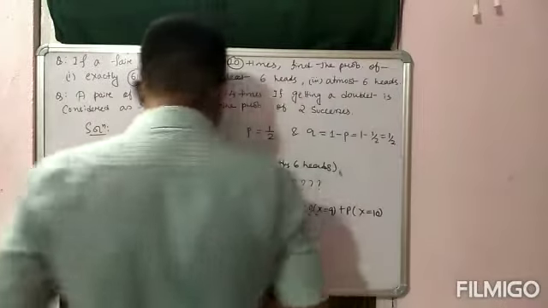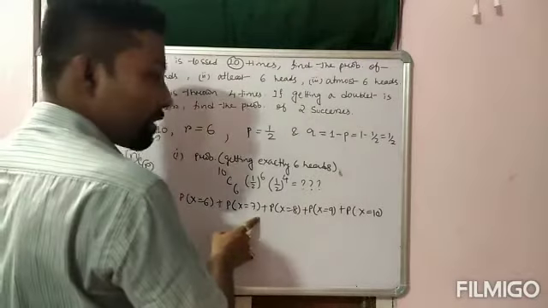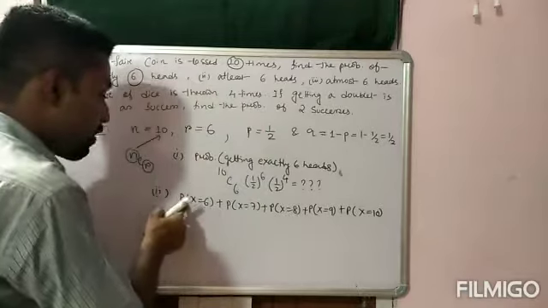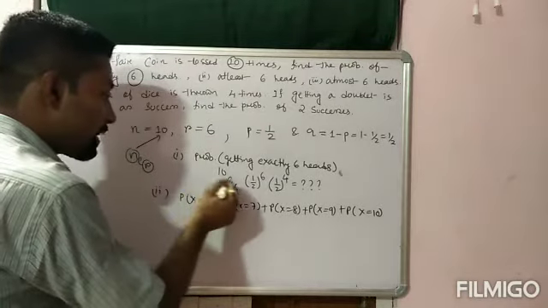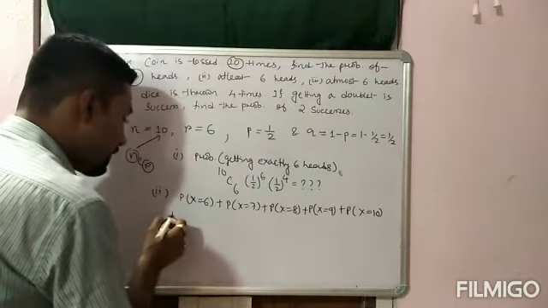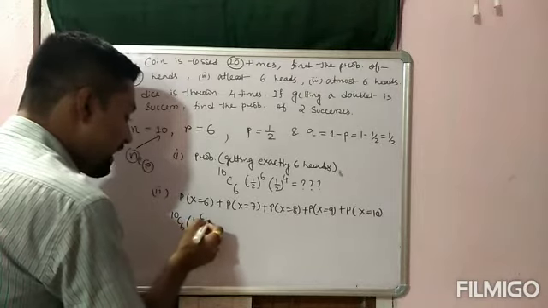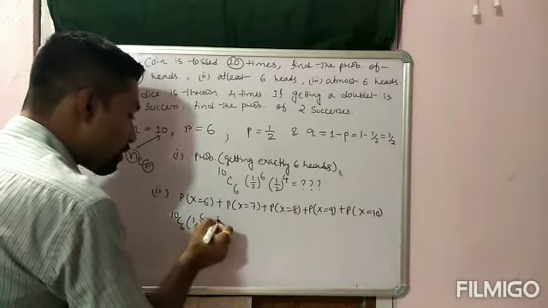And whatever I have written here, x equal to 6, x equal to 7, these are nothing but the values of r. Yes. So for P of x equal to 6, मतलब already तो यही निकाल दिया, तो यही put करना है. That is 10C6 half to the power 6 into half to the power 4. ये हो गया P of x equal to 6 का value.